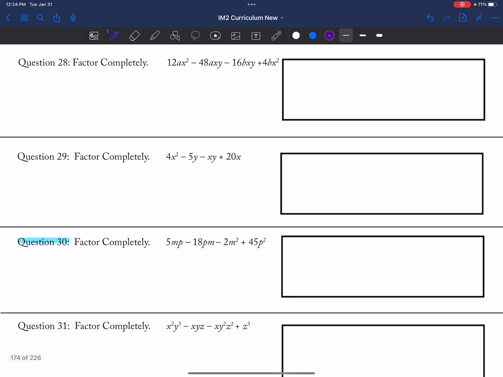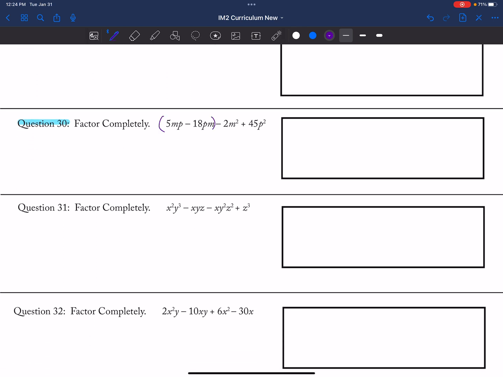Okay, and then 30, so we'll factor by grouping again. Well, actually, what we could do is simplify this. Maybe there was a typo in here, but factor by grouping I don't think is necessarily what we want to do here. So I'm going to rewrite this.